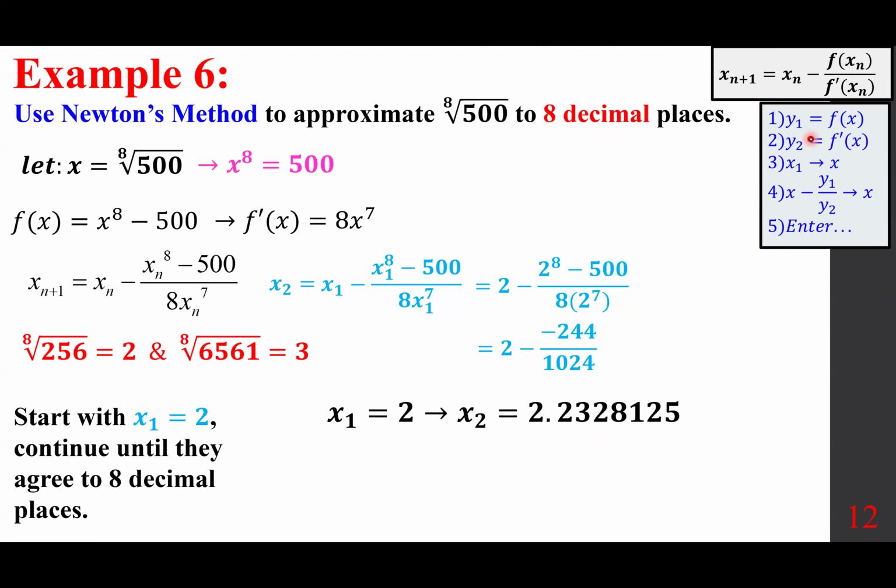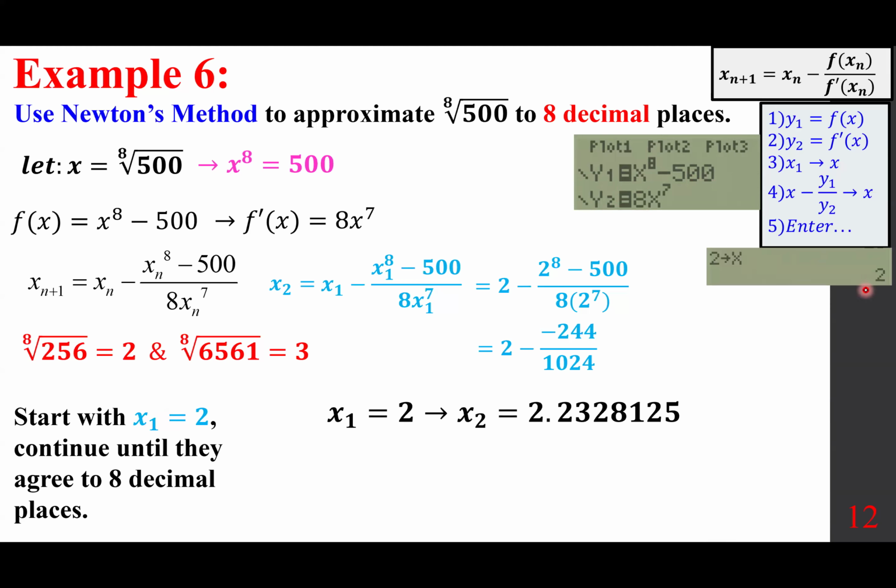So number 1, you are going to put y1 equals f of x and y2 equals f prime of x. On a graphing calculator, y1 is x to the power of 8 minus 500, y2 is 8x to the power of 7. Then the next step, number 3, x sub 1 stored in x. Whatever your x sub 1 is, in this case 2, we want to store it in x. Then we use this formula.